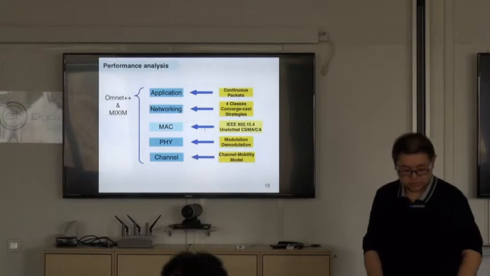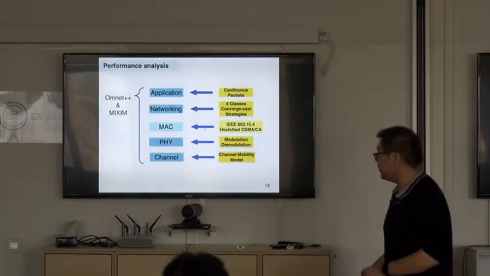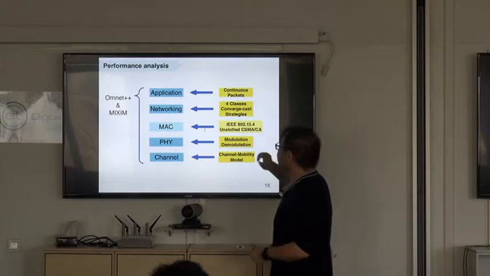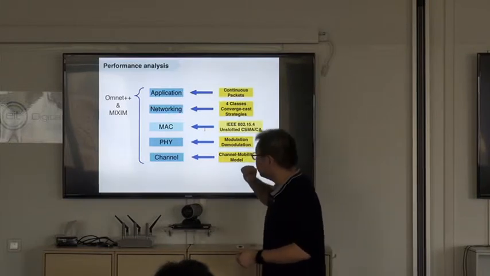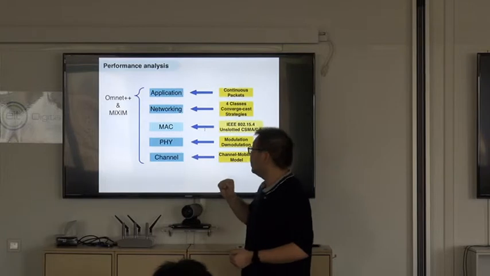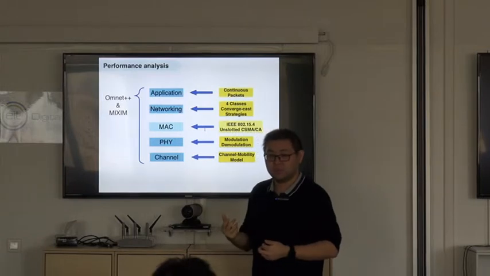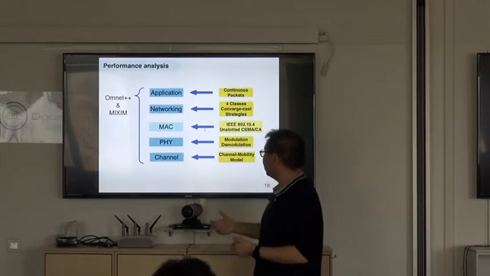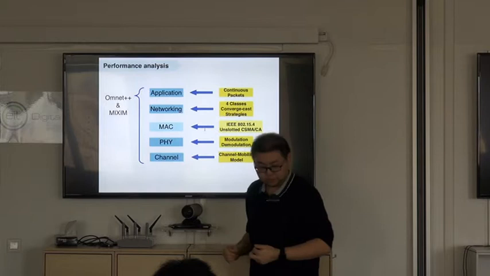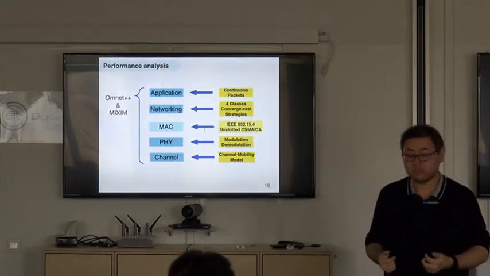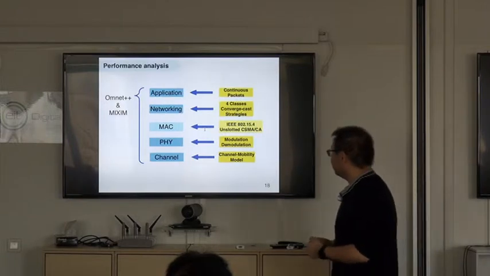And here is the simulation environment of our work. We use the simulator OMNeT++. In the application layer, we send a continuous packet flow to test the performance of the network. In the channel, we use the channel and mobility model we presented just before.